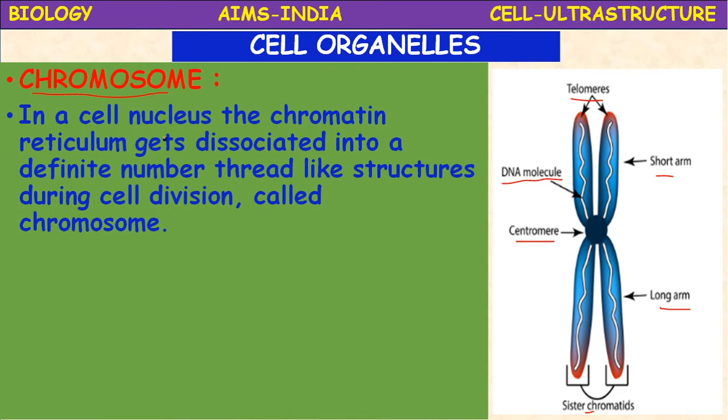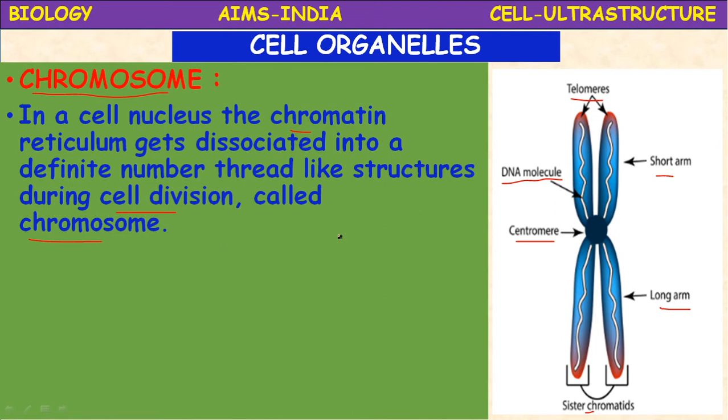Chromosome in a cell nucleus, the chromatin reticulum gets dissociated into a definite number of thread-like structures during the cell division. They are called chromosomes.